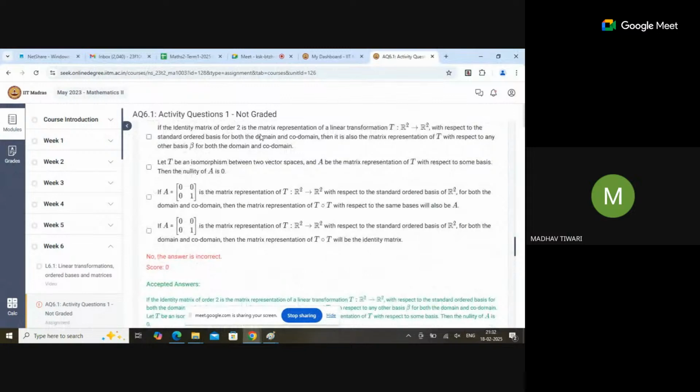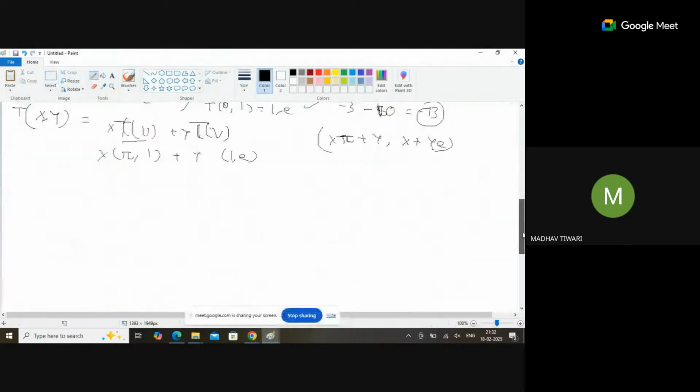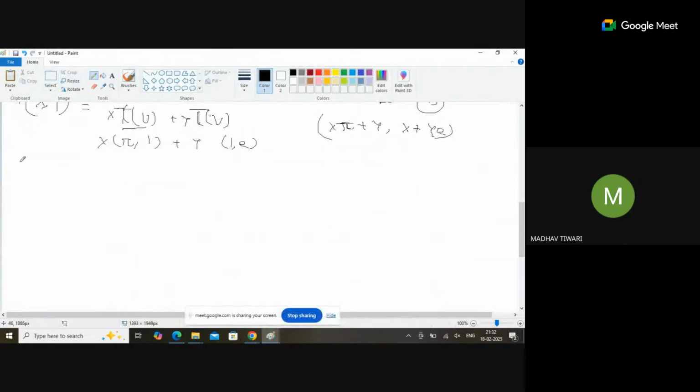If the identity matrix of order 2 is the representation of a linear transformation with respect to the standard basis, for both domain and codomain, then it is also a matrix representation of T with respect to any other basis for both domain and codomain. They are saying that if the transformation is the identity matrix, and you form the matrix, it will be the identity matrix like this. Suppose I want to transform 1 comma 0.